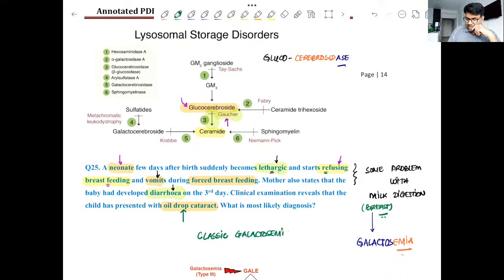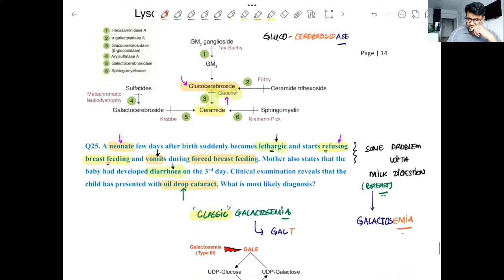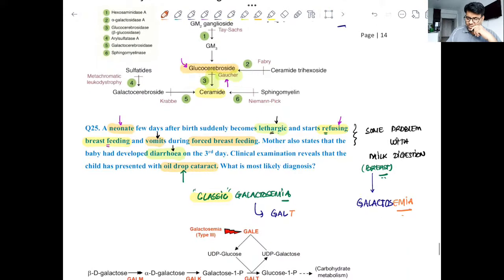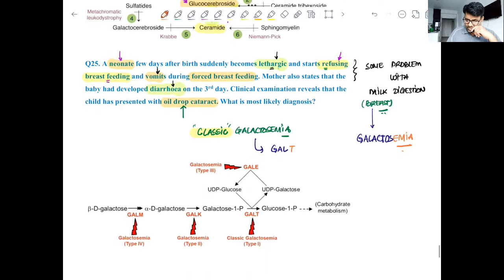Remember, classic galactosemia has a lot of manifestations, and we already discussed, this is because of deficiency of GALT, galactose 1-phosphate uridyl transferase. Clear? So this is a very beautiful presentation of a case of galactosemia.